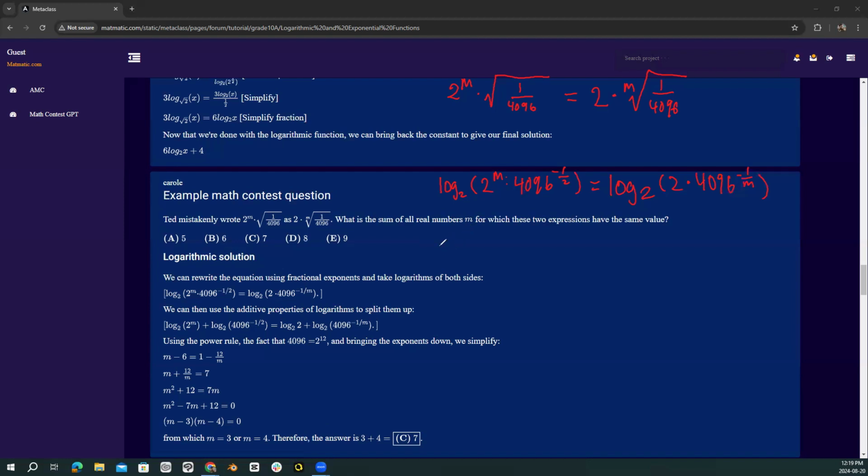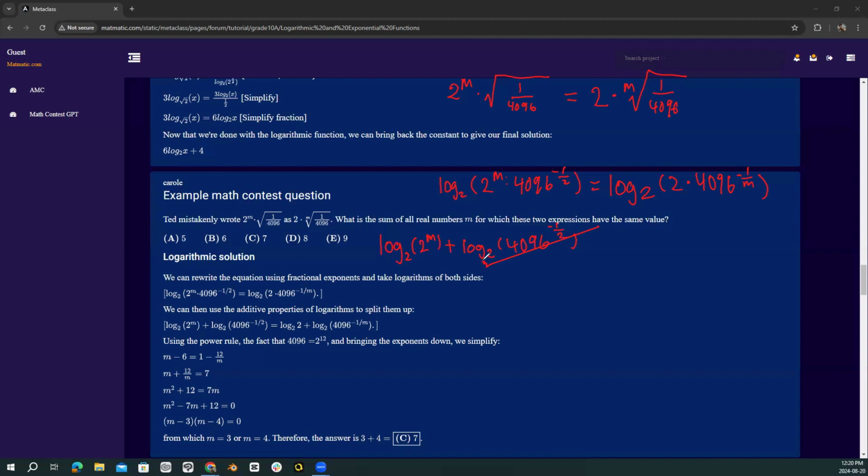So once we use the product rule, our equation would become log 2 to the power of m plus log 2 of 4096 to the power of 1 over 2.